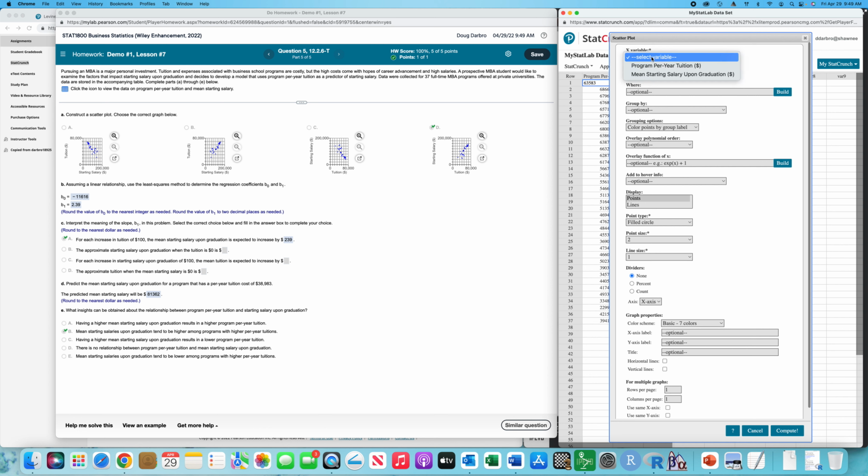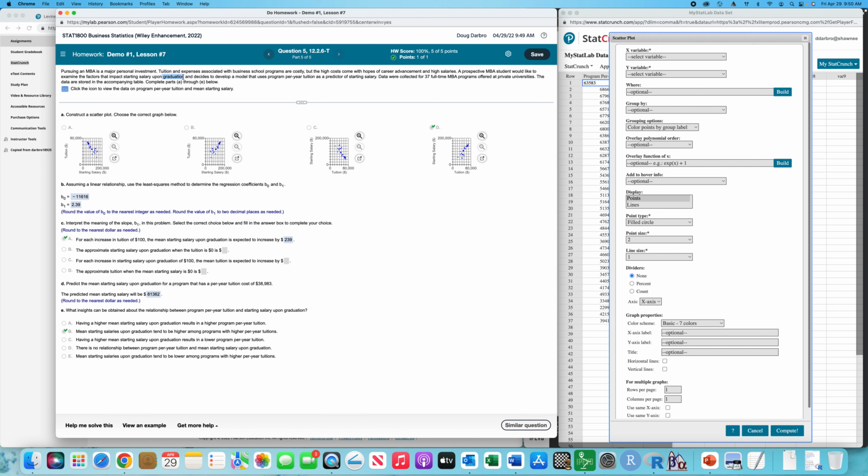So the x variable. Now what I do here is I have to read the problem, and the problem says right here, I wish I could highlight.